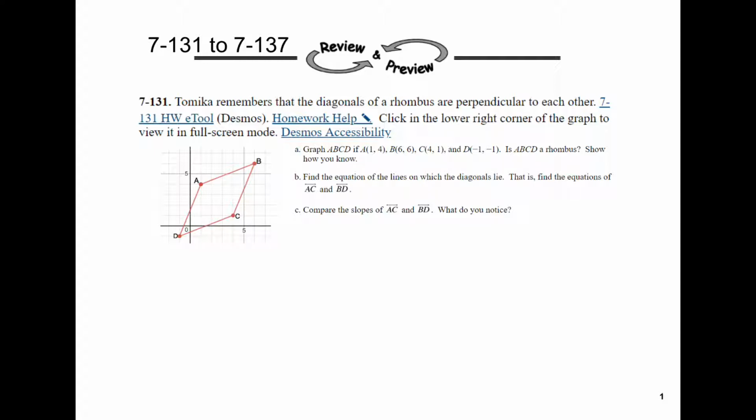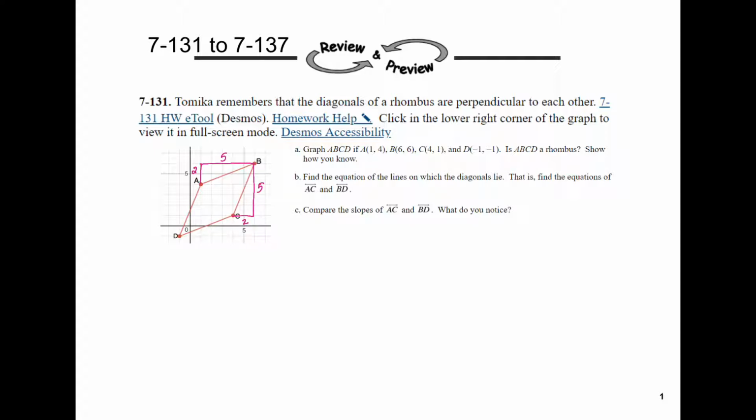So when I look at rhombus ABCD, or quadrilateral ABCD, I can tell that this is up 2 over 5. I can tell from point C to point B is over 2 up 5.